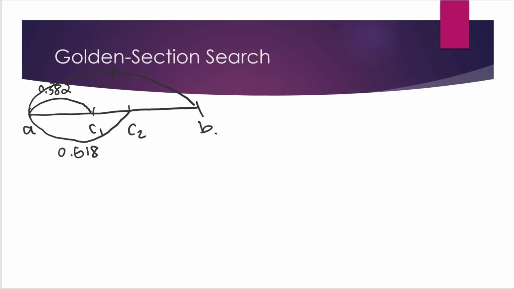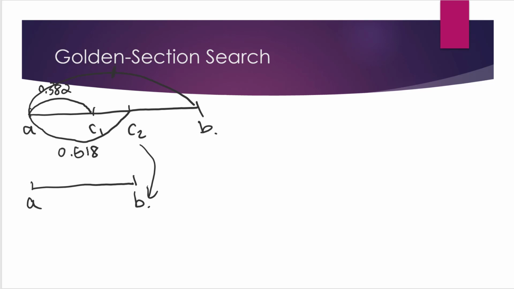All right. So the good thing about these two specific points is that when you repeat the process in the second iteration, for example, we found that the minimum is in the interval from A to C2, right? Then this C2 becomes the new B, and we need to do the iteration again.